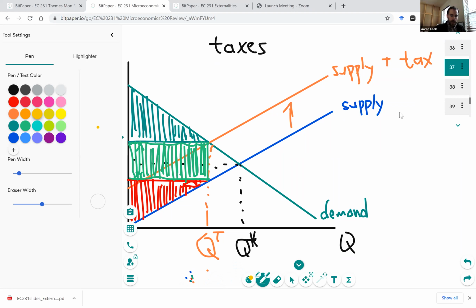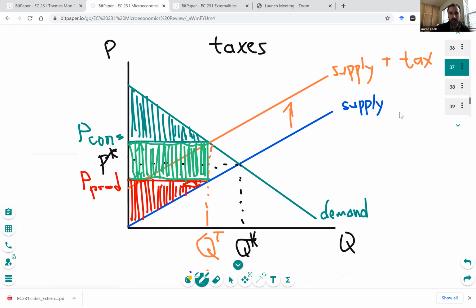And then the final part that's worth pointing out is that there's this extra area out on the right-hand side here, which we call the deadweight loss. Notice that after the tax is imposed, the quantity that's produced goes down from Q star to QT. There's a reduction in the quantity.